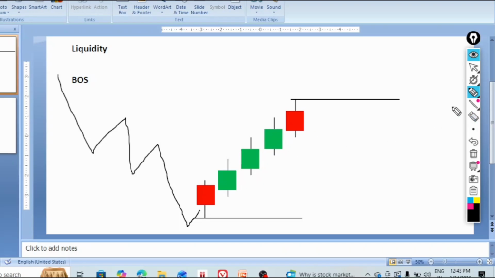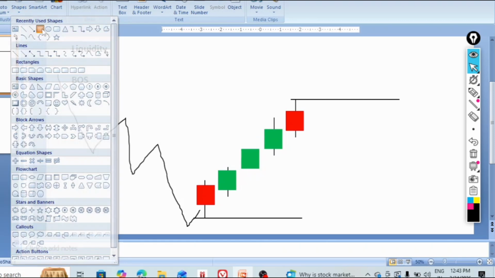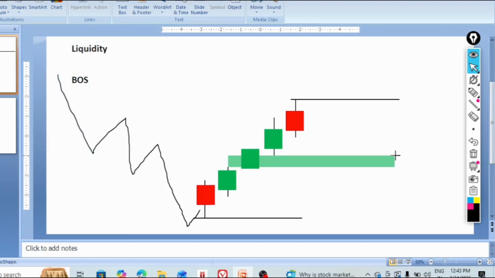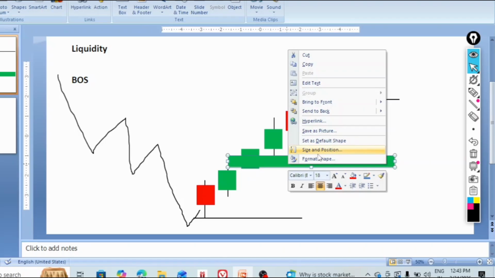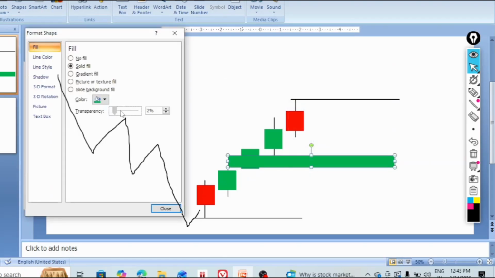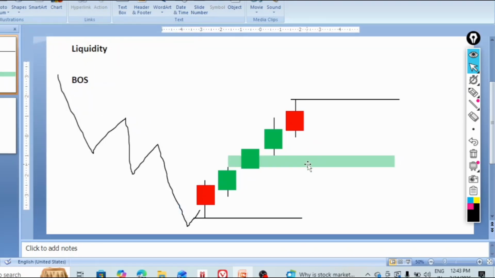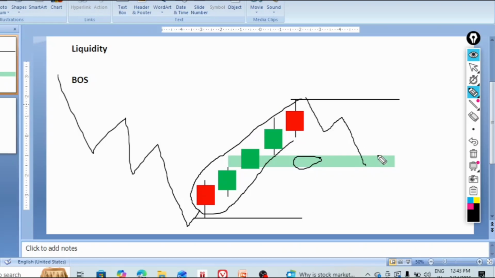If we have a gap here, whatever gap, a fair value gap, in this swing, then after the market moves to this gap, there is a chance that this gap will hold the market, and the market can reverse from it.